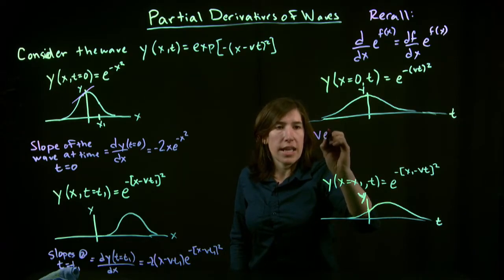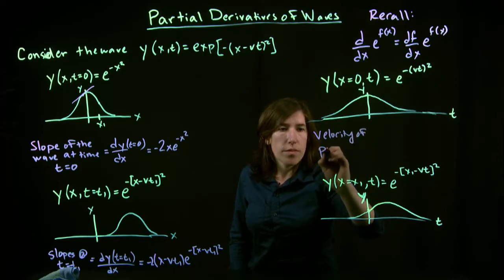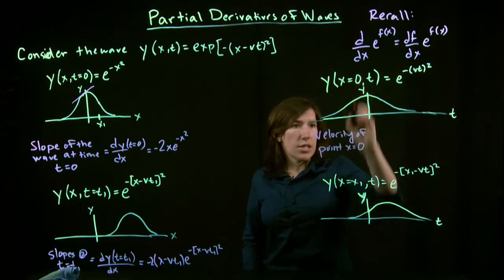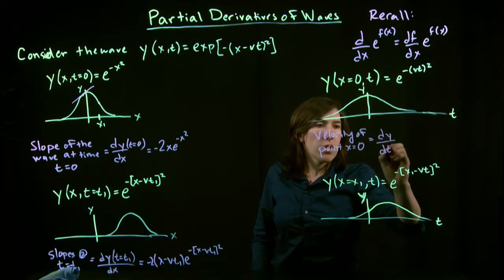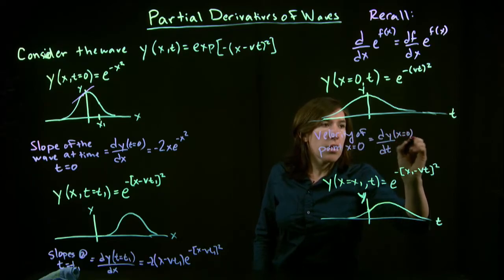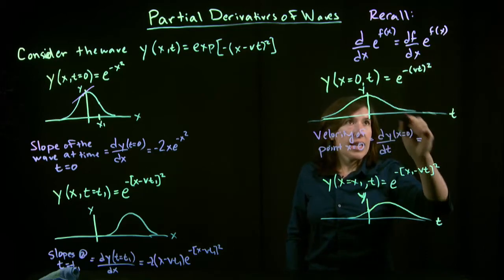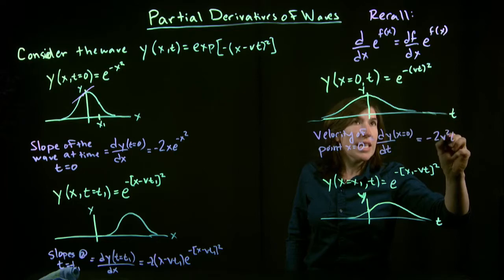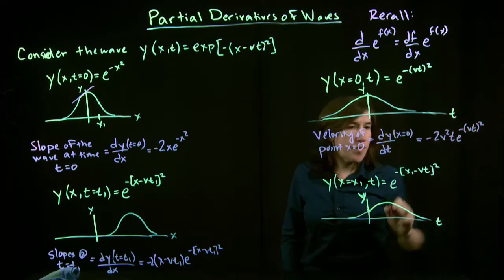So the velocity of point x equals 0 is just the derivative of this, which is just given by, let's see, negative 2v squared t e to the negative vt squared.